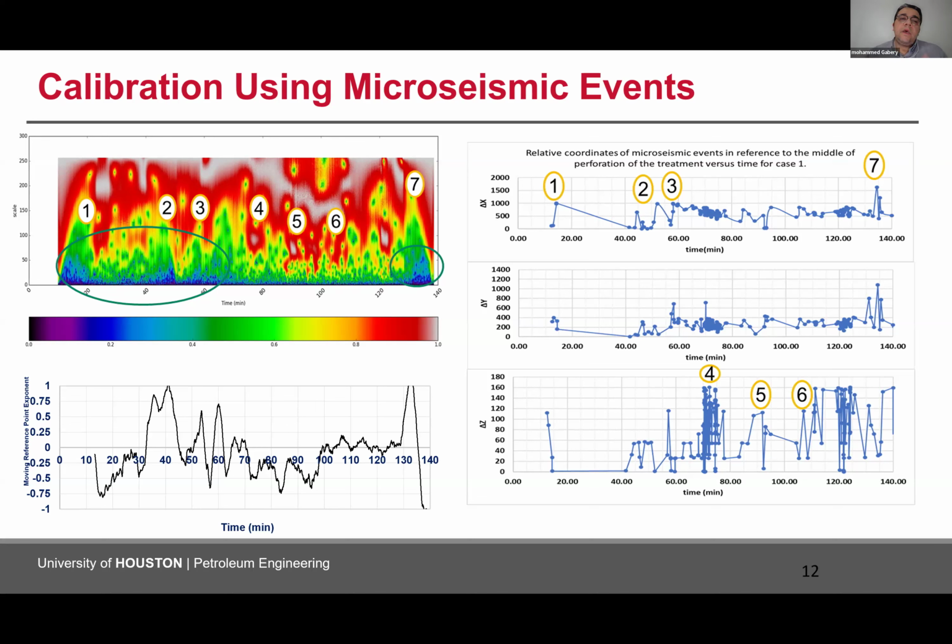Another case for microseismic events calibration: we can see that the fracture propagation in height at 4, 5, and 6 is marked on the scalogram. The fracture propagation in length, the increase in dx and dy, is linked at the same time to the increase of flames of hydraulic fracturing jobs.